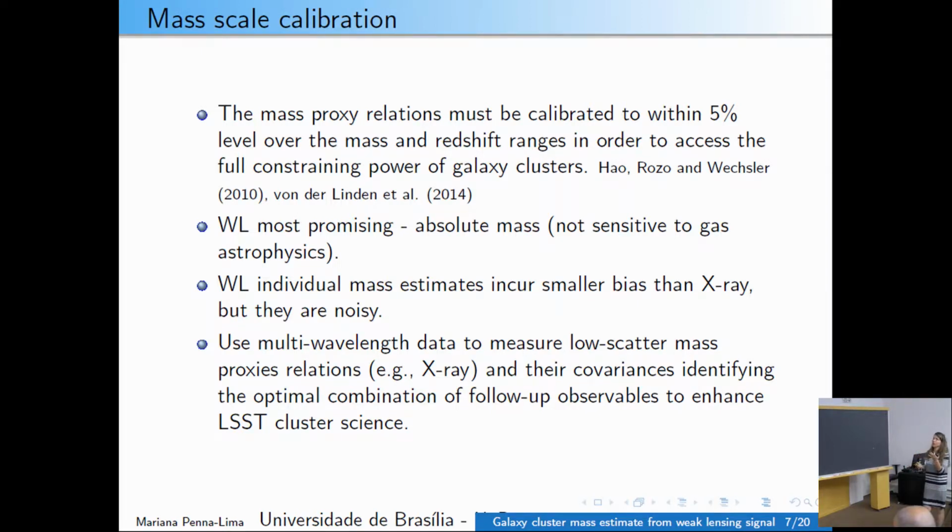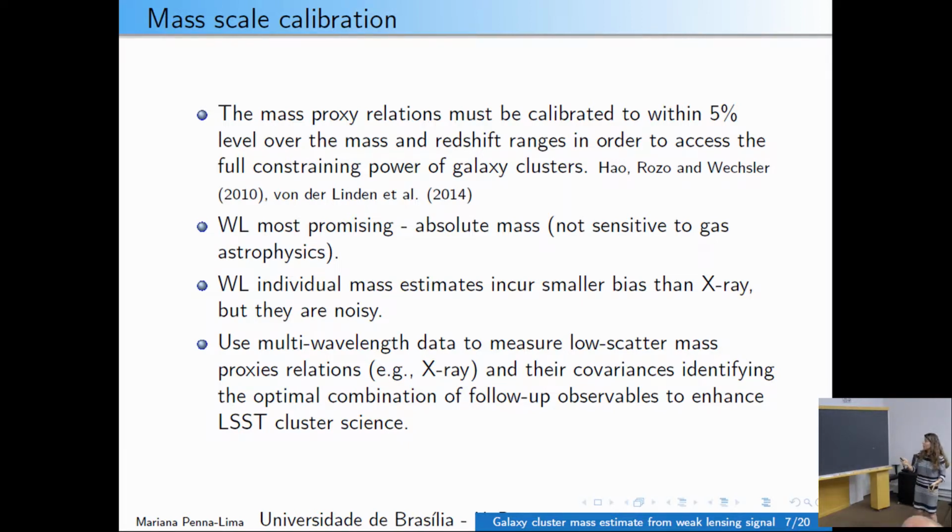People have obtained some forecasts, and they verified that you have to calibrate the mass proxies to within 5% over both mass and redshift, such that you can access the power that a galaxy cluster can give you to obtain cosmological constraints.